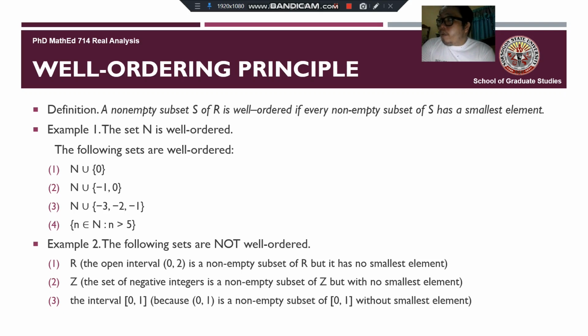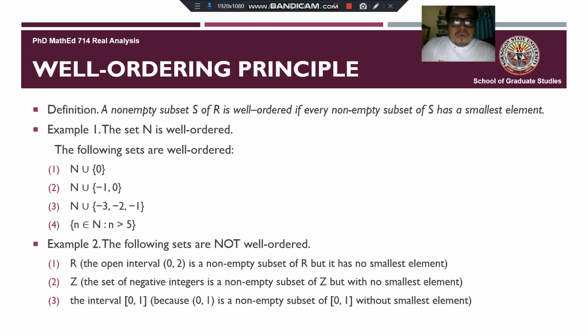What about the non-well-ordered sets? So for number 1, we have the set of real numbers, particularly the open interval from 0 to 2. We knew that if we have an open interval, those boundaries 0 and 2 are excluded.